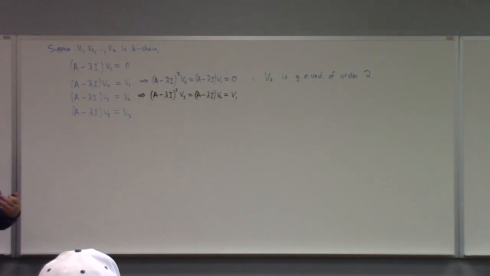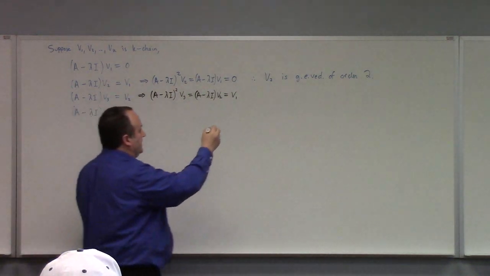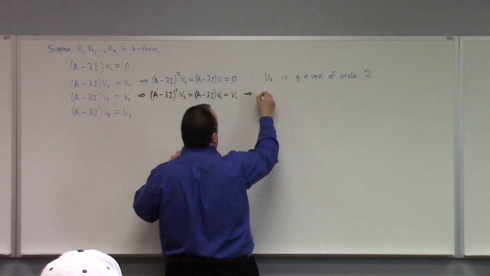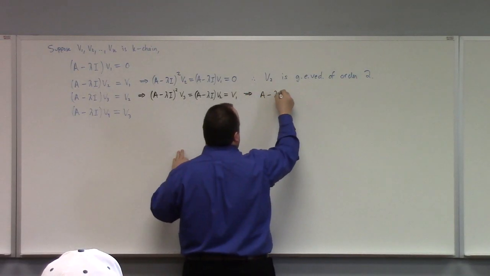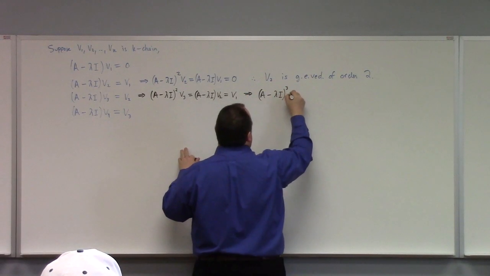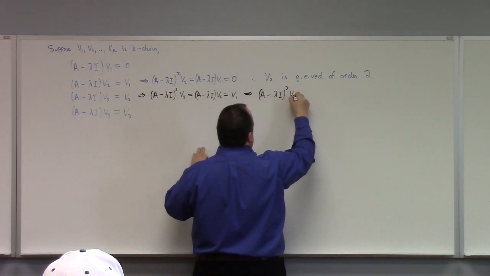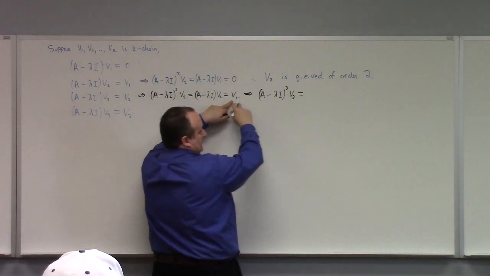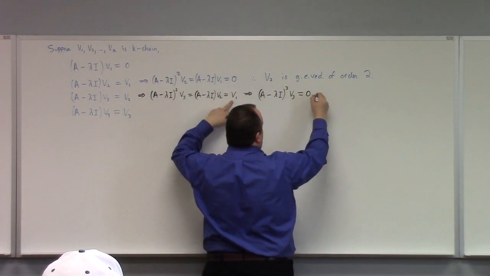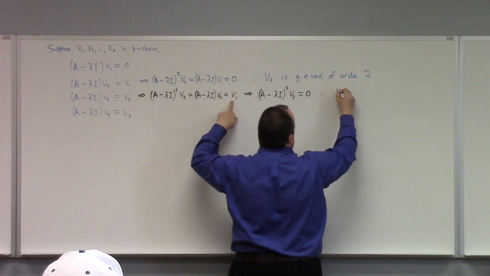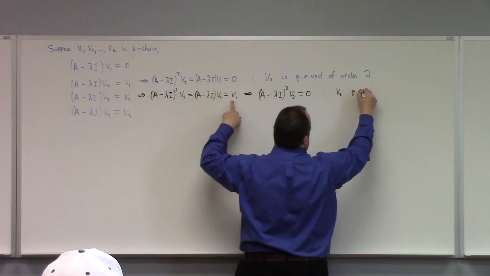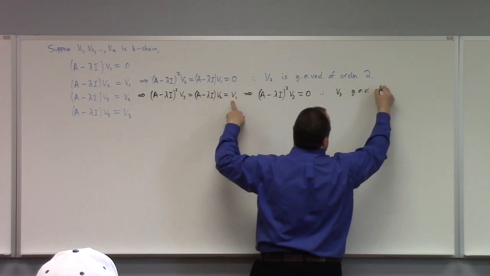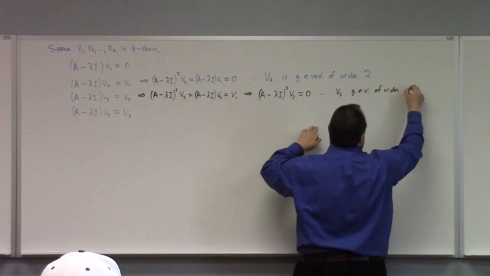But what happens when we multiply it again? (A minus lambda I) cubed acting on v3. That puts (A minus lambda I) on v1, which gives us 0, right? So I won't write that down. So what does this mean? v3 is a generalized eigenvector of order 3.